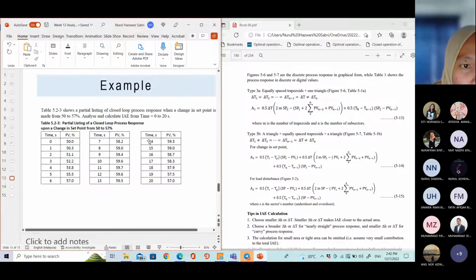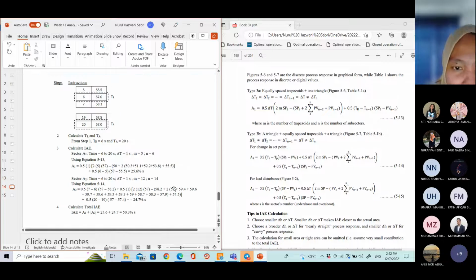Then the next, 59 until 57.9, you total up, and then plus 57.5, which is your PVN minus 1. This one. Can you understand?